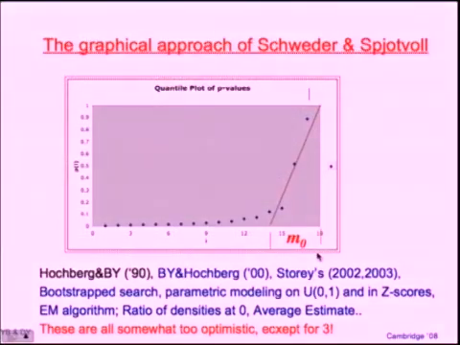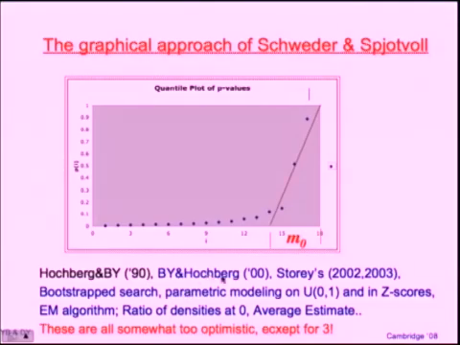And interestingly, it all stems from work in '86 by Schweder and Spjøtvoll, who said that if you have many p-values, you can look at the plot of them, and those that correspond to true null hypotheses should show linear behavior, and from the linear part you can estimate m naught. And this idea has been followed. We used it back in 1990 for FWE enhancement of Bonferroni and so on.